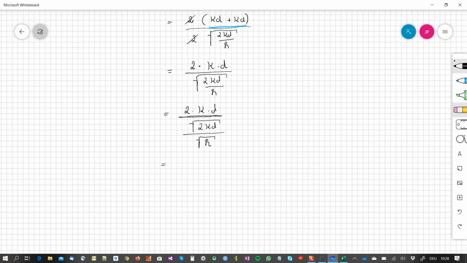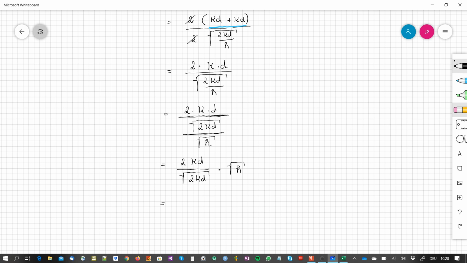Then step by step we put the h here. Because you have here the denominator and here another fraction, then the h can be rearranged.